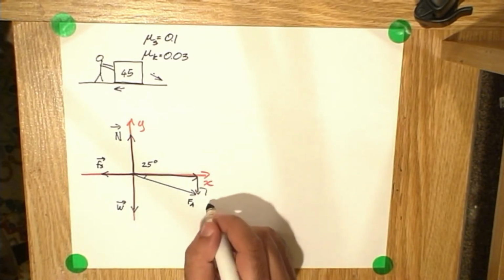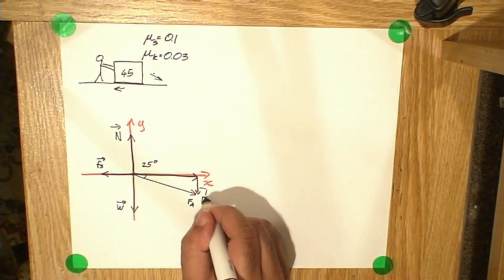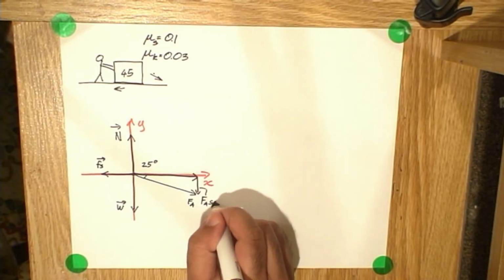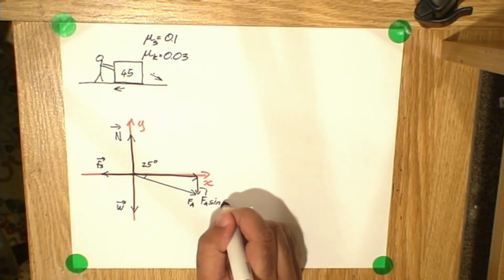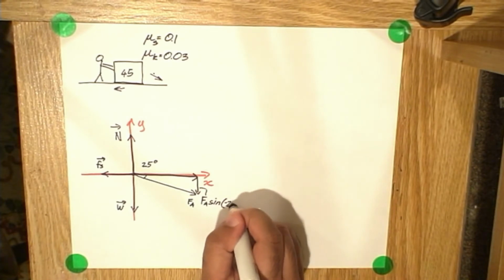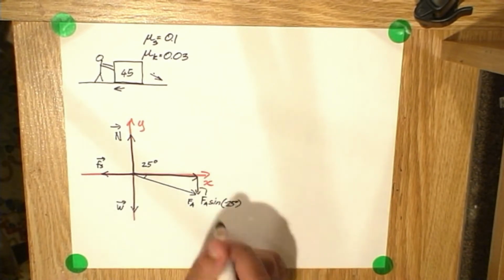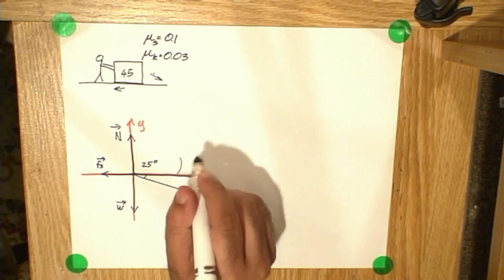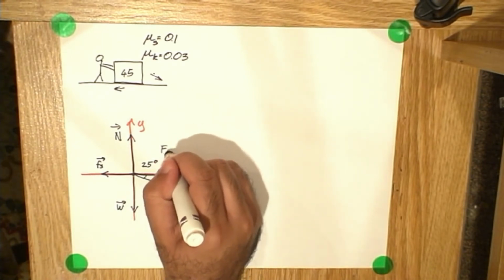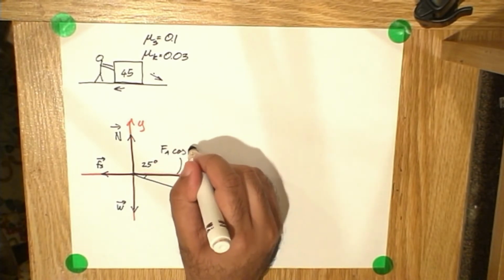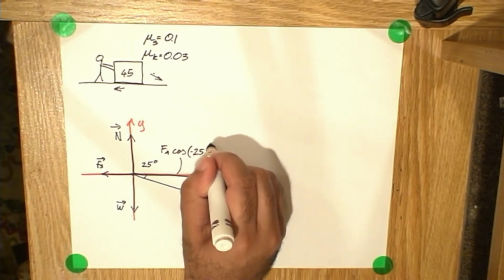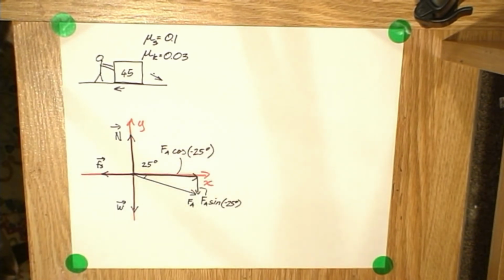So this y component would be the sine component, Fa sine of 25 degrees, or more correctly I should say negative 25 degrees because it's below the axis. And this over here would be the cosine component, Fa cos negative 25 degrees. So now we have broken this into its two components. We're now ready to analyze the directions and the forces in each direction.